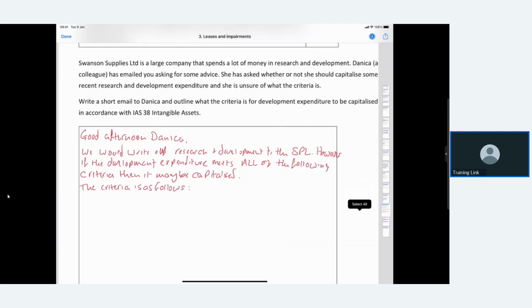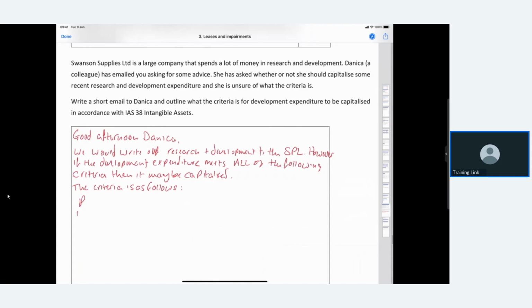And I would remember this through what we know as PIRATE. So literally, as you'd imagine, full-on Jack Sparrow style pirate. So we have P, probable future revenue, i.e., it's not just testing.